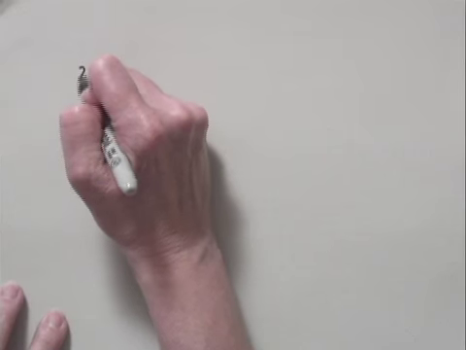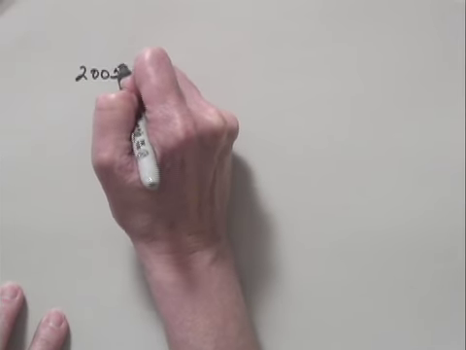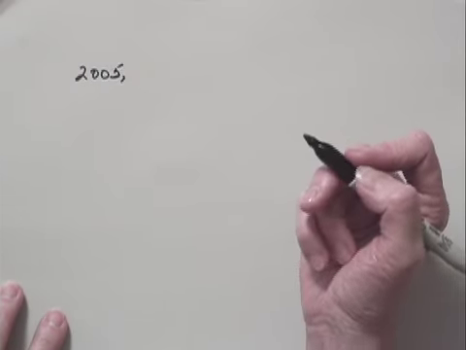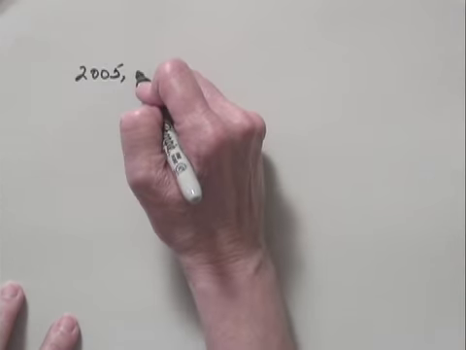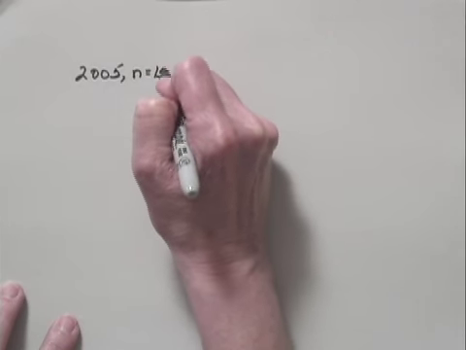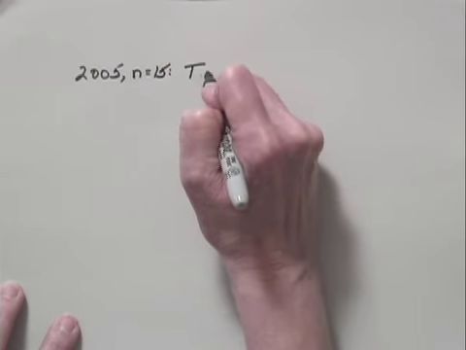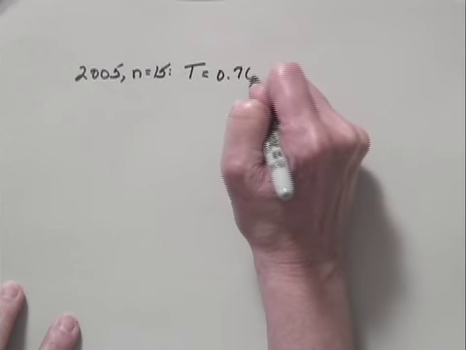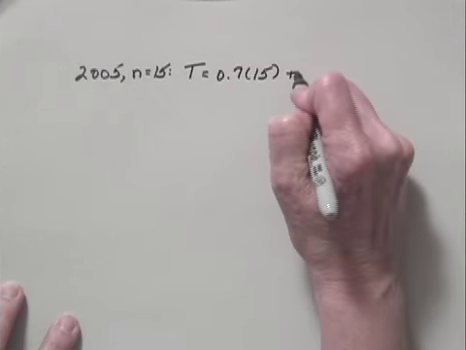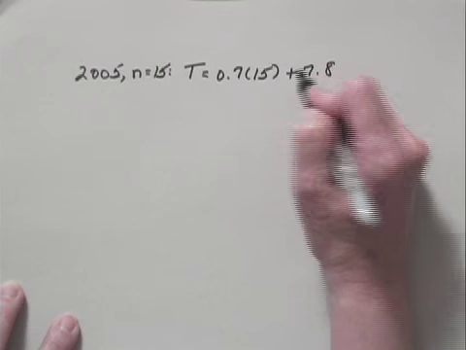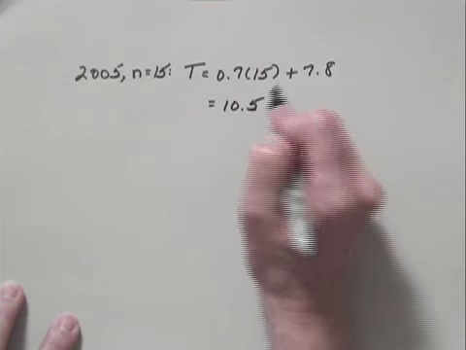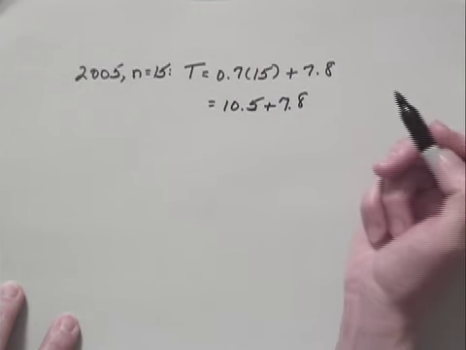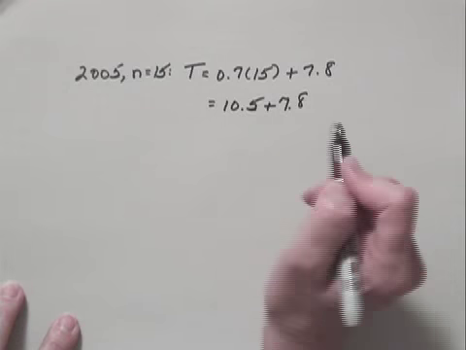Now let's look at 2005. 2005 is 15 years after 1990. 2005 minus 1990 is 15, so we have n equals 15. And the tuition T is going to be given by 0.7 times 15 plus 7.8. 0.7 times 15 is 10.5, and when we do this addition, we get 18.3.